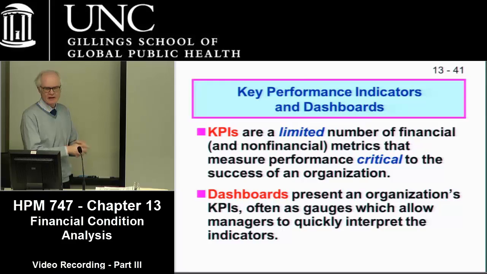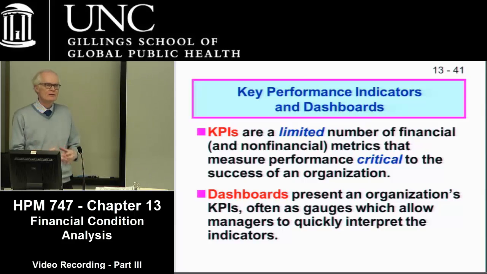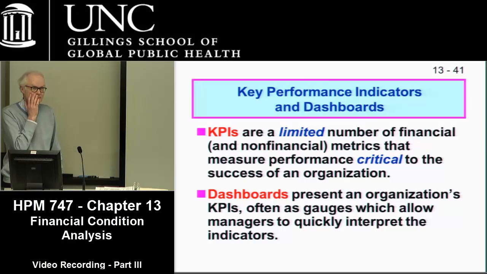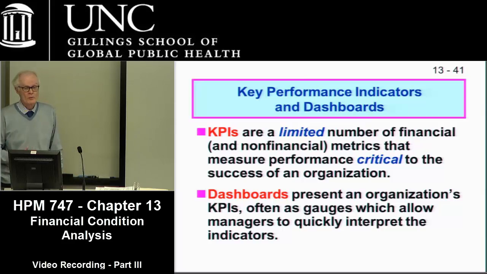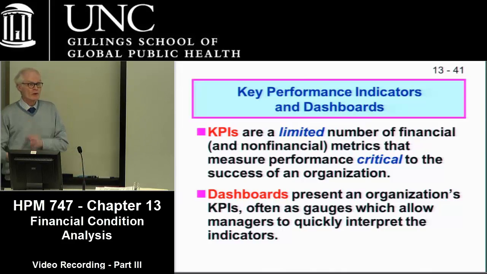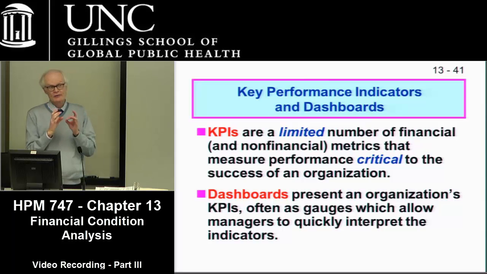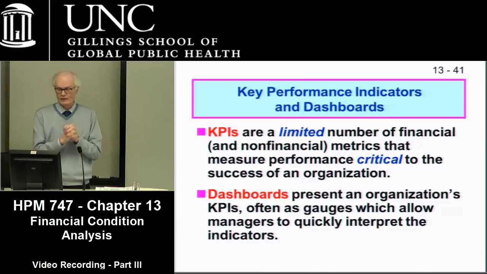I sat down with the finance team and basically said, what factors about this organization drive the profitability of the organization? And we came up with medical revenue per day, number of medical visits per physician, those kinds of basic metrics. We now have those at every board meeting. We have the 13 indicators. We get 25 pages of financial statements, but we also have these 13 indicators, which really allow management teams and boards to focus on a small number of indicators that are really driving the financial performance.